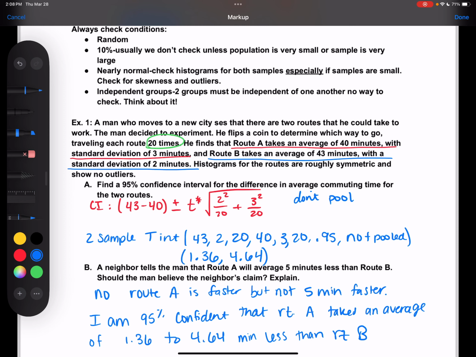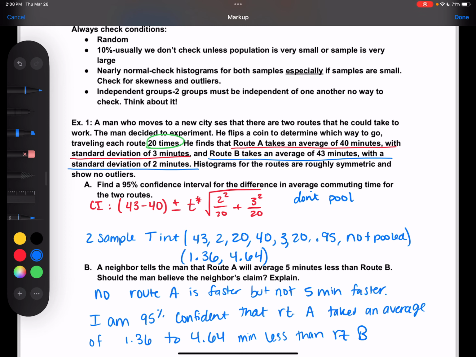So the numbers we get have to do with the first thing, like route A. Well, we actually did B first. B was our first value. So how do we determine what these numbers mean? How do we know that means route A goes faster?